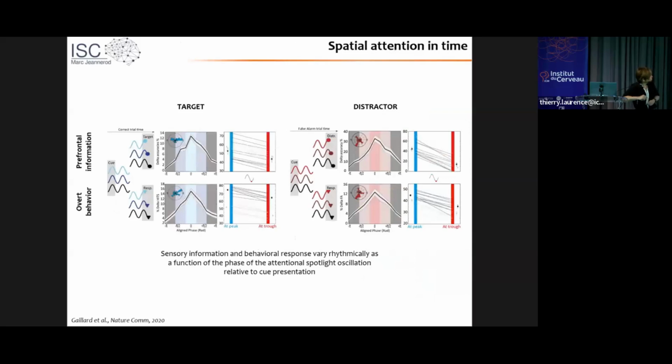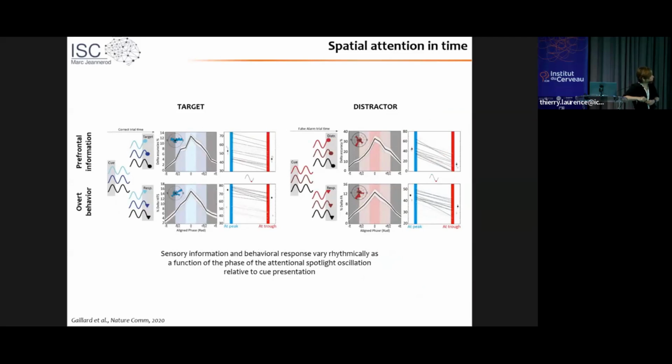Importantly, what we show is that depending on the phase of these 8 hertz exploration of the attentional trace, we can identify, both at target presentation and distractor presentation, a phase at which prefrontal information about the sensory stimulus is maximized, and a phase at which overt behavior is maximized in terms of either hits here or false alarms here.